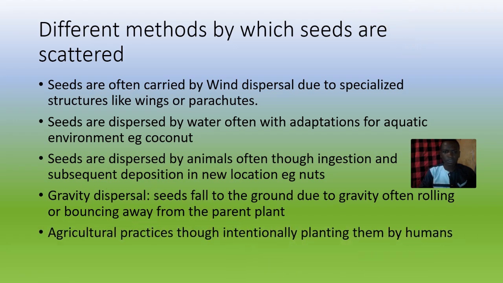Then agricultural practices through intentional planting by humans. Like now, those seeds that are grown in the garden, they are intended for planting. So that one increases their dispersal.